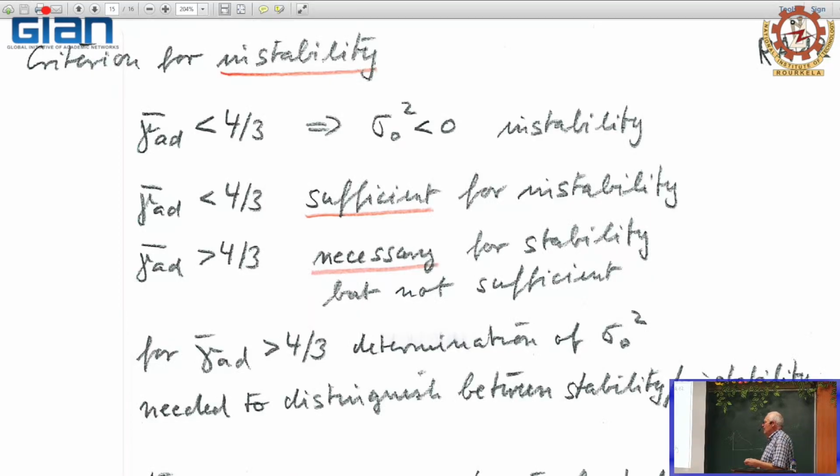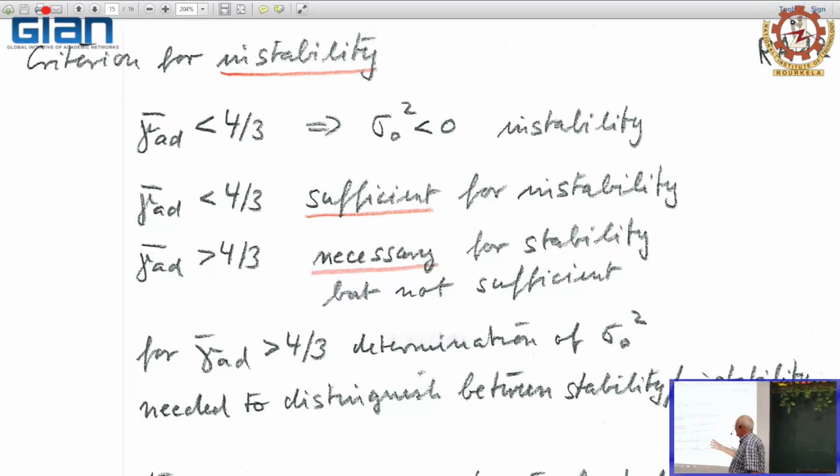Once the mean adiabatic index is above 4/3, you may have stability and instability, and in that case, you actually have to determine the value of sigma naught squared. There is no way to determine stability other than determining precisely the value of sigma naught squared, either by considering the functional or by integrating or looking for a solution of the linear differential adiabatic wave equation.